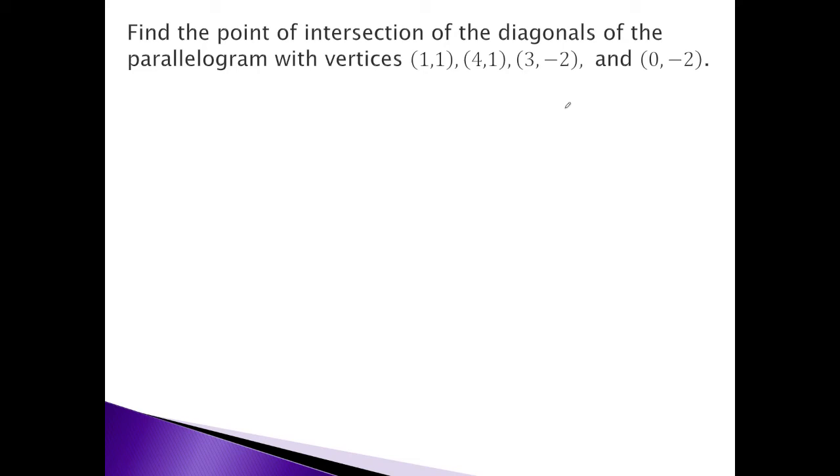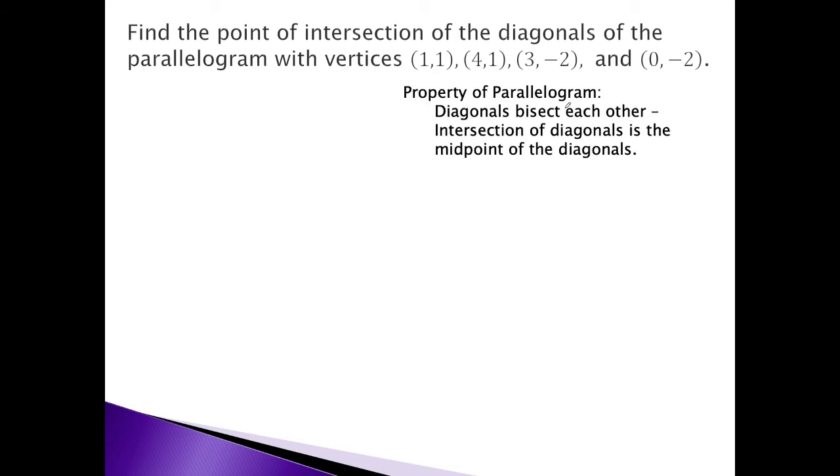Now, this is why we studied the properties of parallelograms and the properties of quadrilaterals at the beginning. A property of a parallelogram is the diagonals bisect each other. The intersection of the diagonals is the midpoint of the diagonal. So what does that mean?